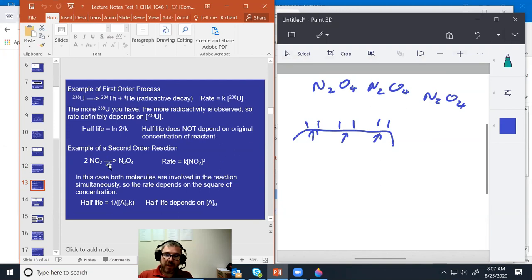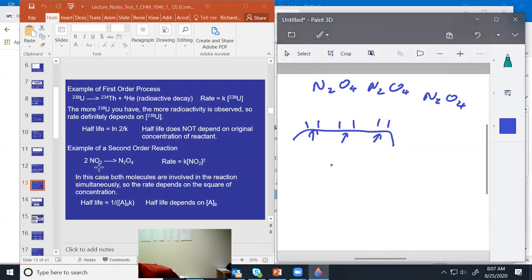And a second order reaction would involve 2 molecules of a reactant. So we've got 2 NO2s, and this is going to make sense because if we look at what NO2 looks like, it'll be something like this. And it's a single electron species on that nitrogen there.